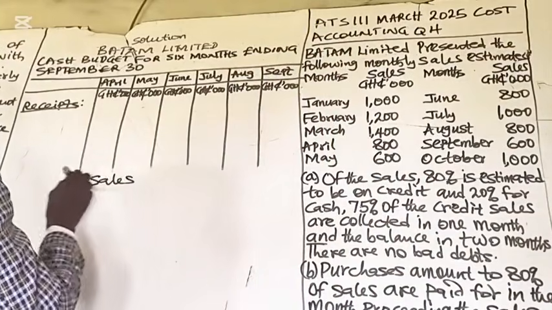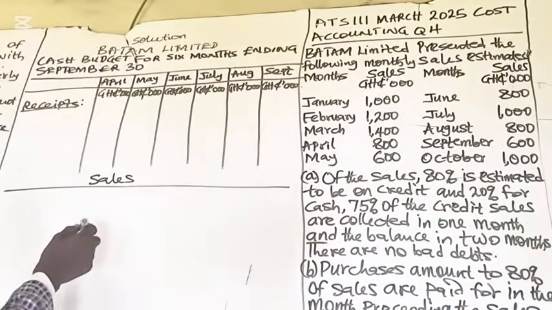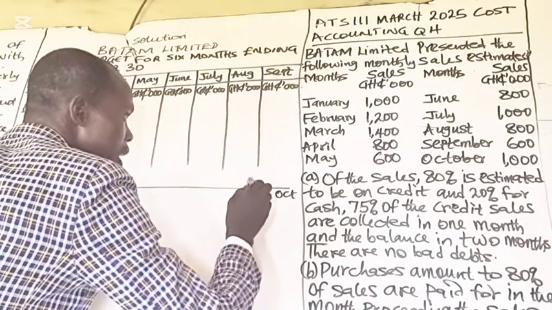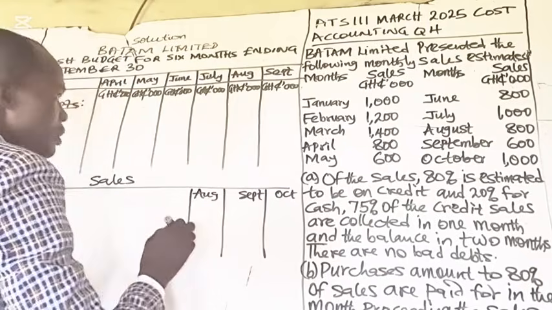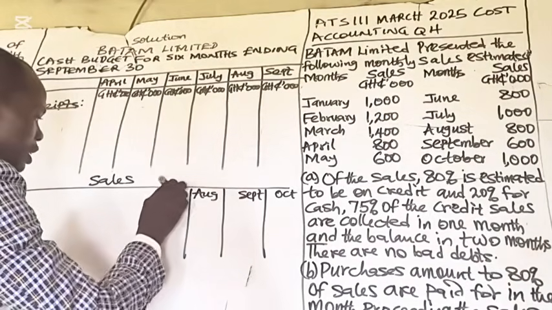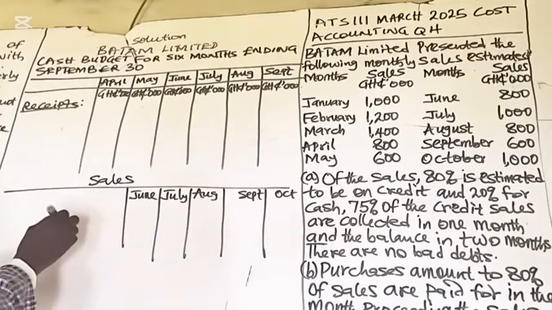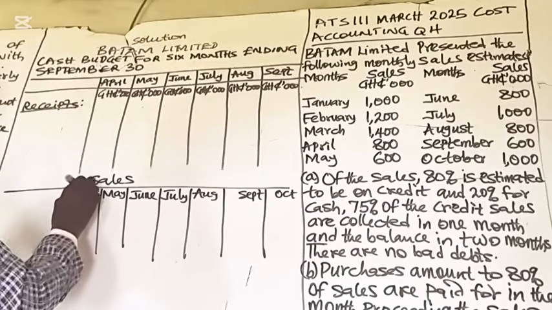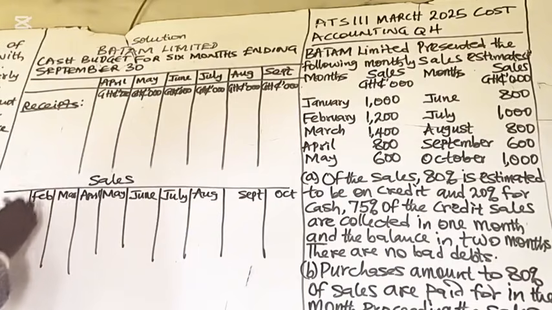Sales made in the period. So we have sales from the month of January to October. So we have October, September, August, July, June, May, then April, then March, then February and January.